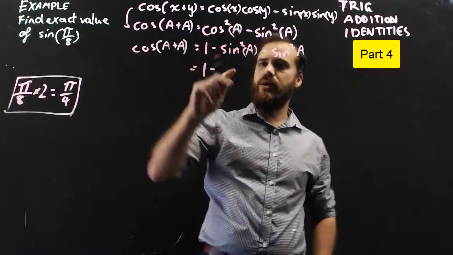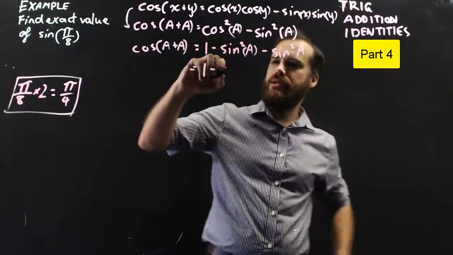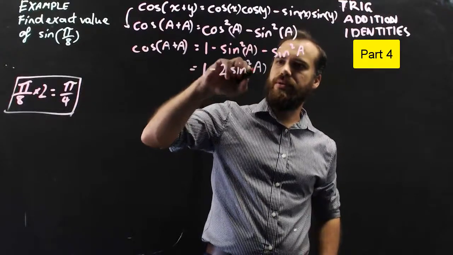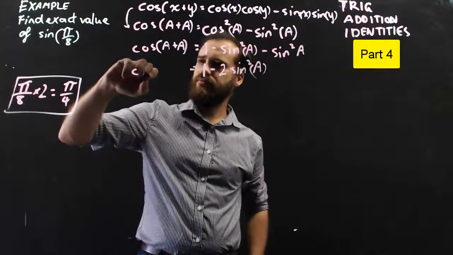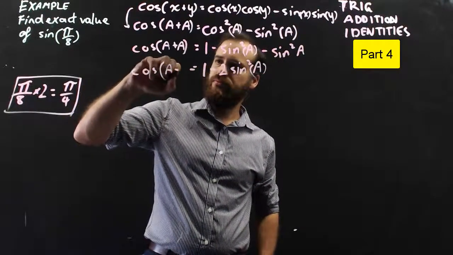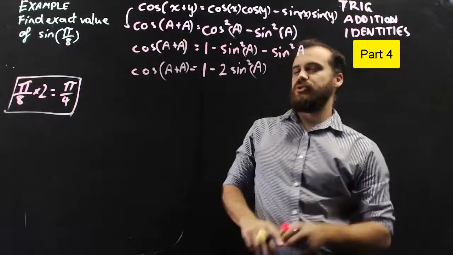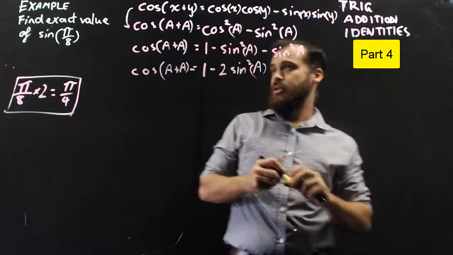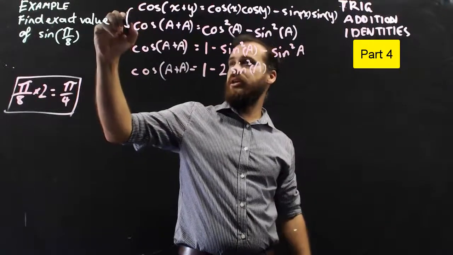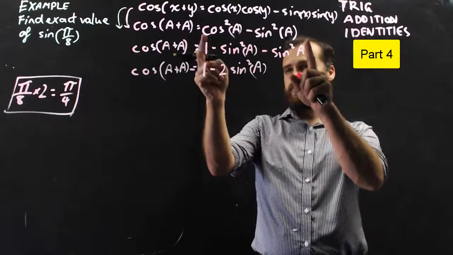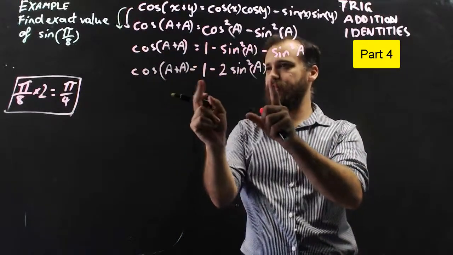And that's 1 minus 2 sine squared a. We've done a lot of work here to create a new identity. We've said that cos x plus y, if the x and the y are the same, it'll be this, and we can finally get down to here.